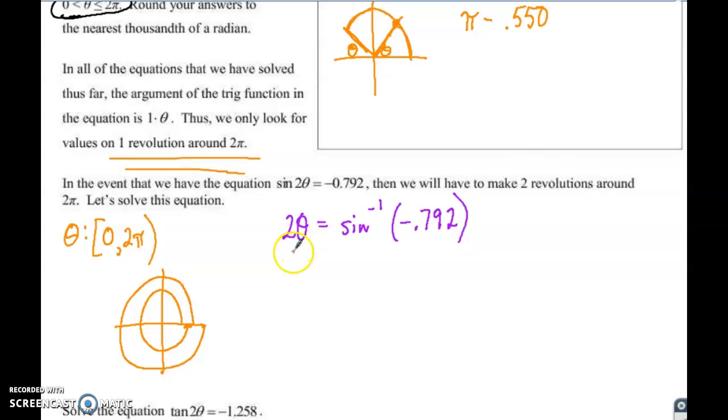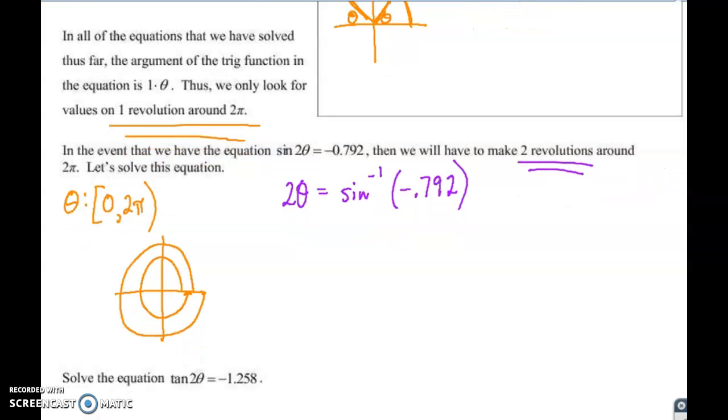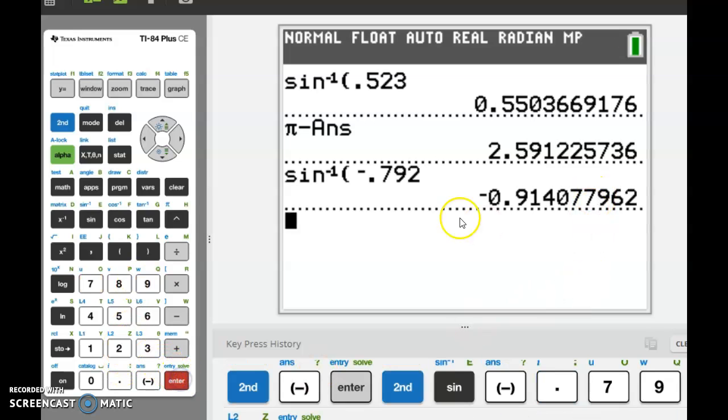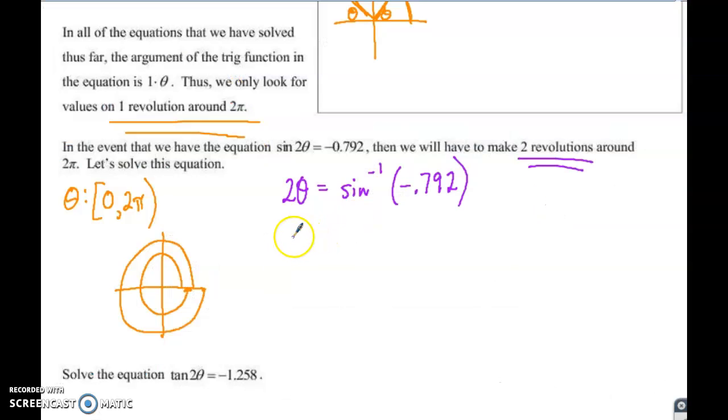You actually want to find it as if you did 2 revolutions. It'll make more sense as we do more problems. But I'm just going to go to my calculator real quick and hit inverse sine of negative 0.792, and we get an answer of negative 0.914 radians.